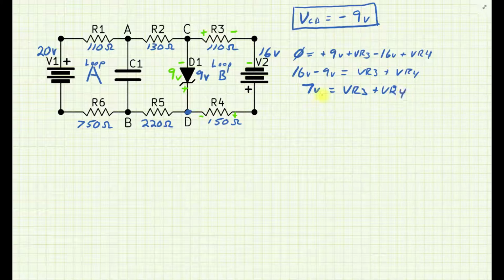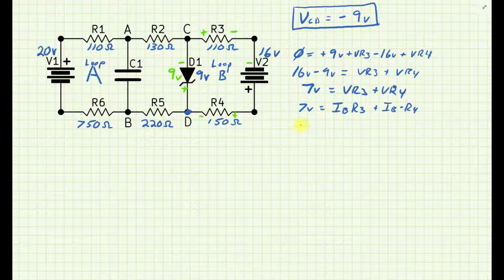Okay, let's see if we can solve this thing a little bit, or reorganize, expand some terms. I'm going to use my knowledge of Ohm's law to expand my terms. I'm going to call that current in that loop my loop B current, or IB. So I've got IB times R3 plus IB times R4.